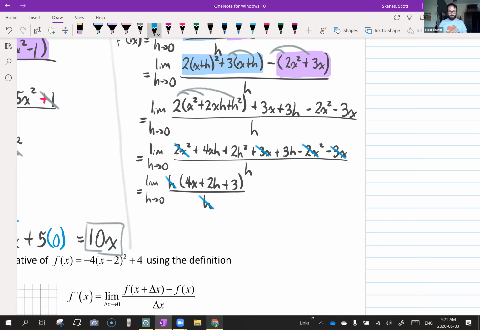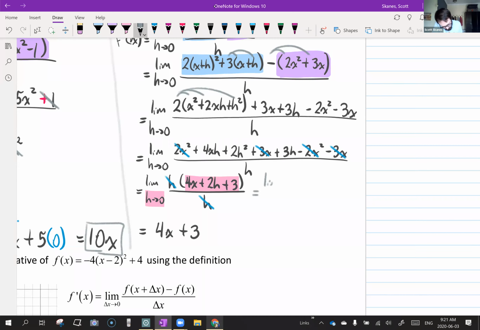And now we can do the limit, because all we have left is the limit of this. Limit as h approaches 0 of that. So all the h terms just get deleted, and we'll be done. Done. If you want a little extra work, I'll show you.